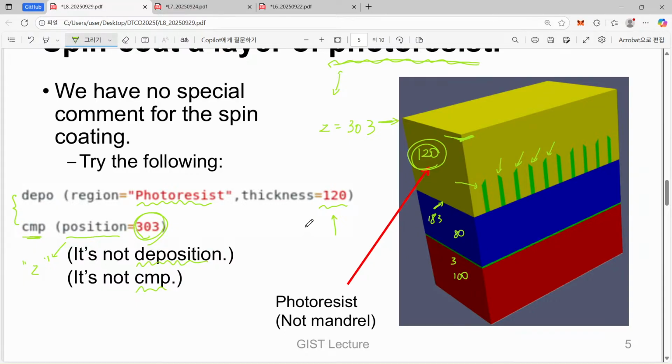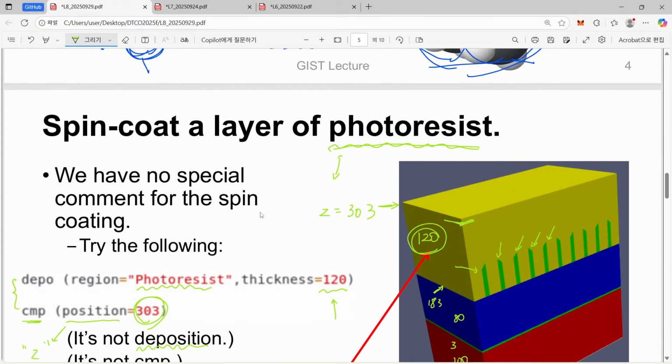That's the reason why it is called spin coat. Photoresist is coated, yes, uniformly covering our existing structure.